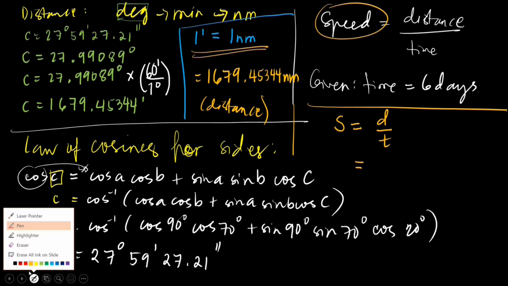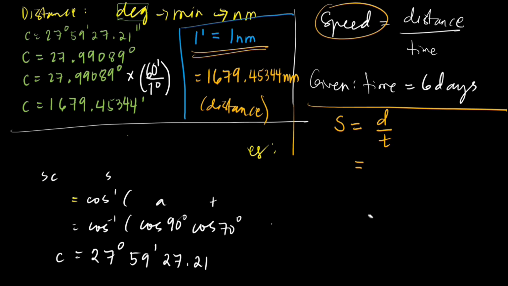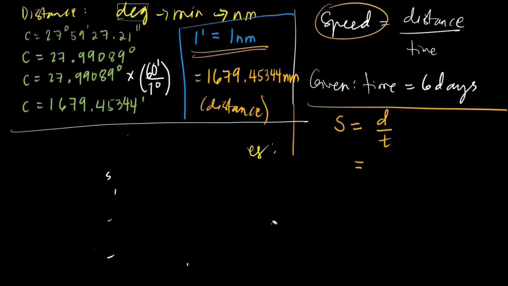I'll just erase this portion so we can have enough space. So the distance is 1,679.45344 nautical miles. Remember in the problem, we are asked of the speed in nautical miles per hour. So this is NM, this is hour.